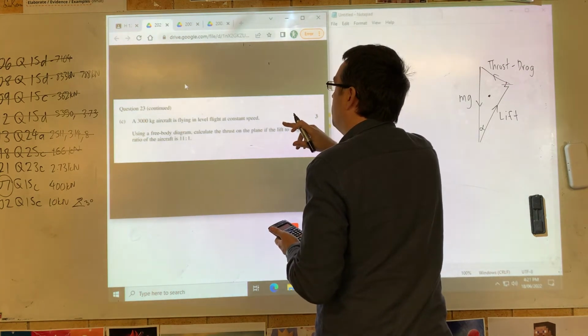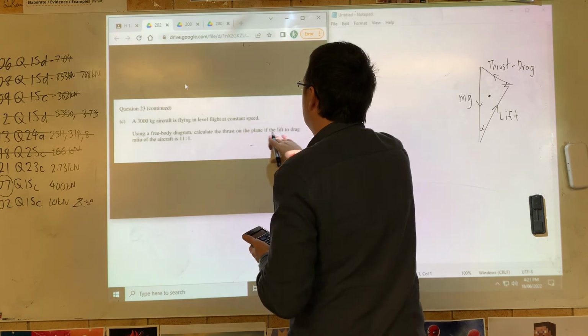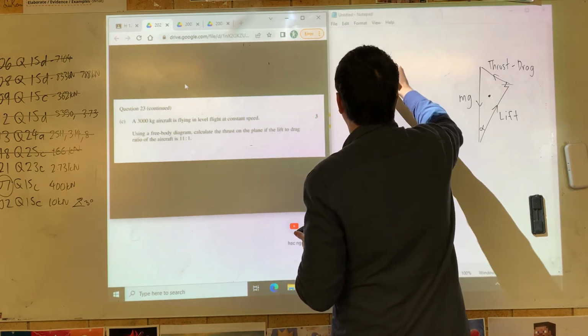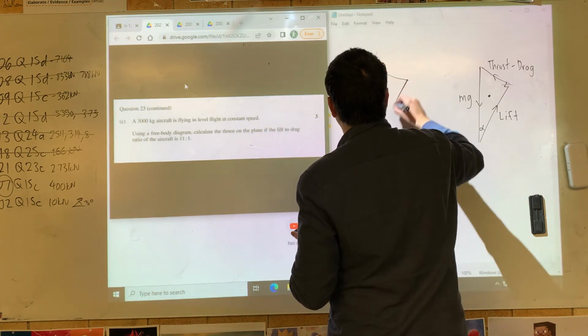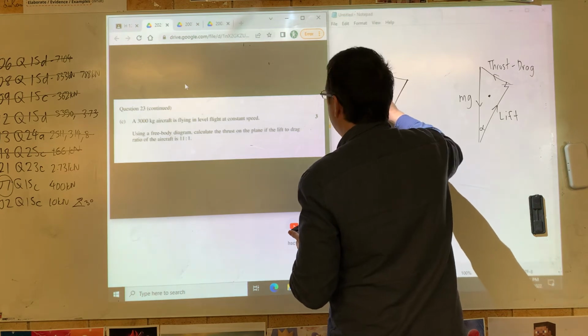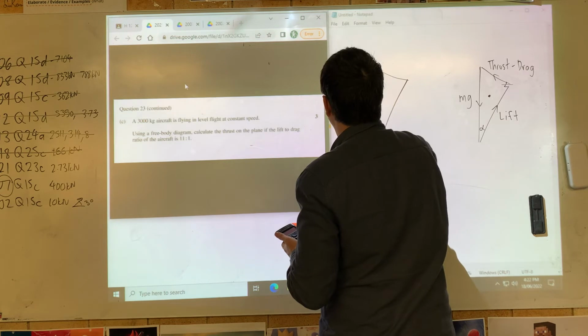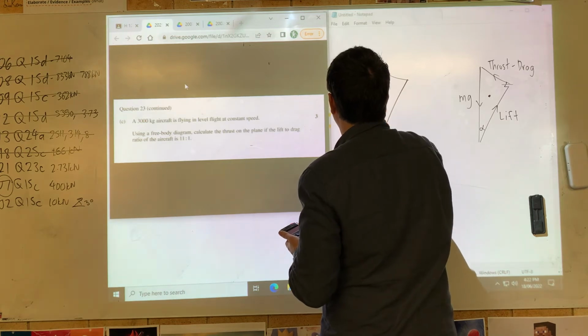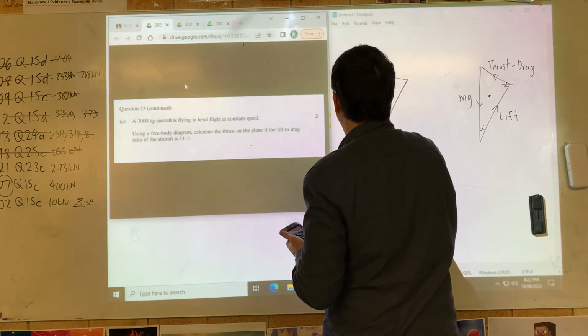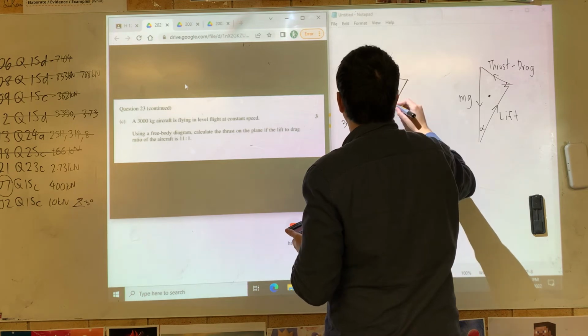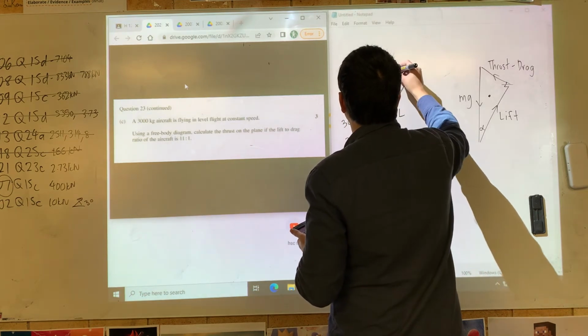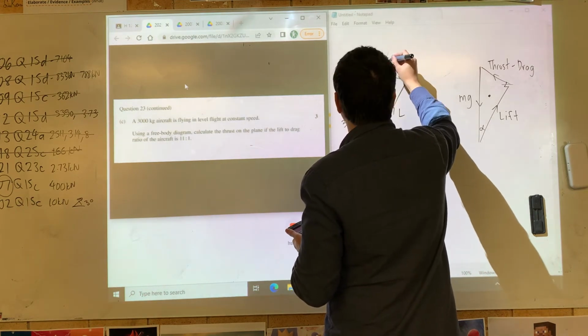Okay, 3,000, so it's flying at constant level speed, okay, fine. And then using a free body diagram, calculate the thrust on the plane if the lift to drag ratio is 11. Okay, so we've got mg, they've told us that is equal to 30 kilonewtons, and we've got lift, and we've got thrust minus drag.